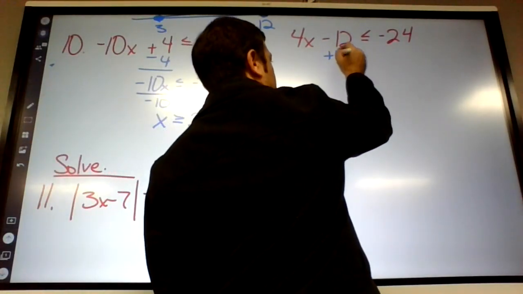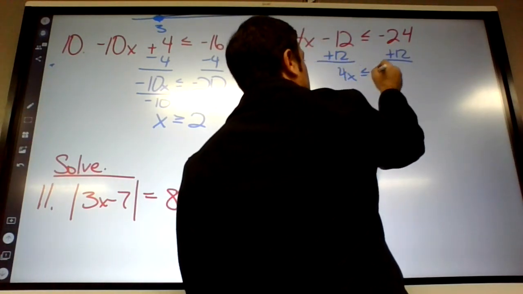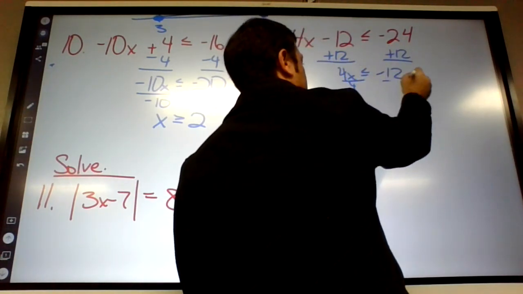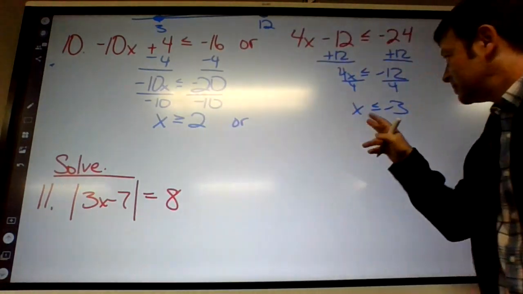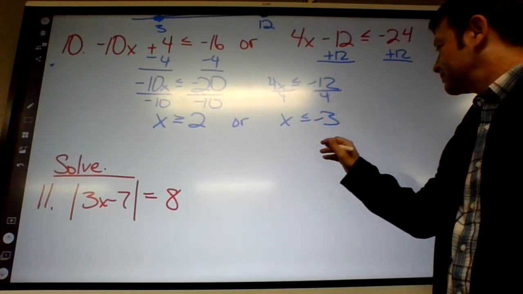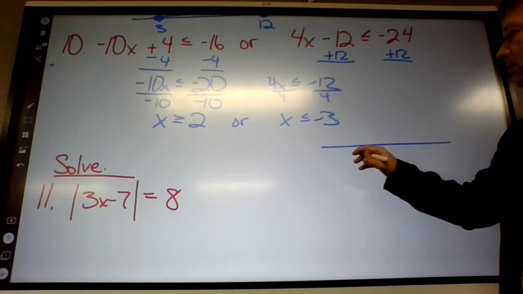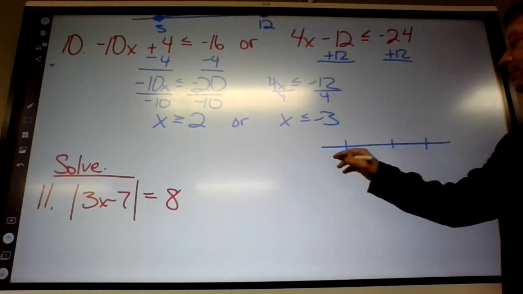Okay, so over here, kind of the same thing, plus 12. Divide by positive 4, so the sign will not switch. Alright, so it's got a -3 and a 2.